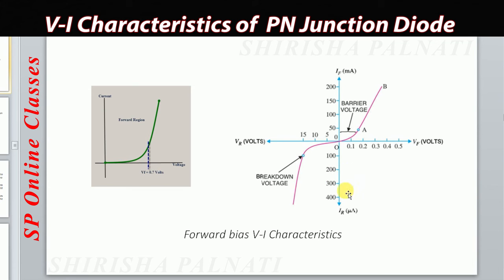In practice, negative values are shown by the ammeter, but here we do not take the negative sign, we just take the values. So the sign is not represented, but negative values occur when using the equipment, the ammeter. Here we only remove the negative sign and take the values that occur: we apply the voltages, and then we get the current values.